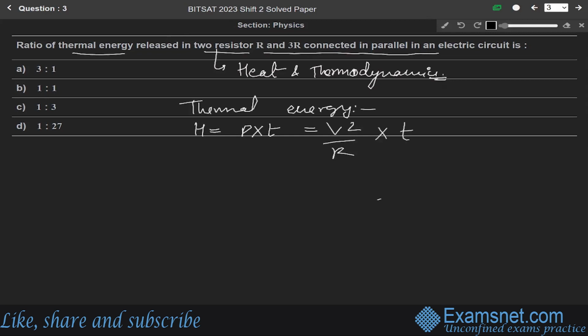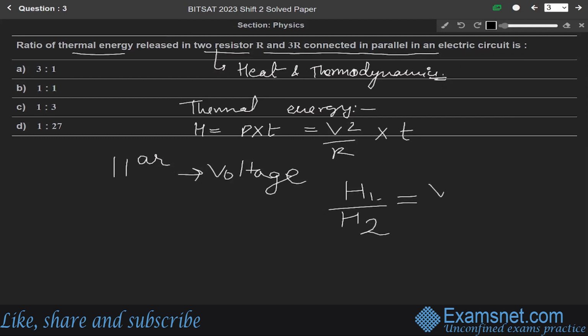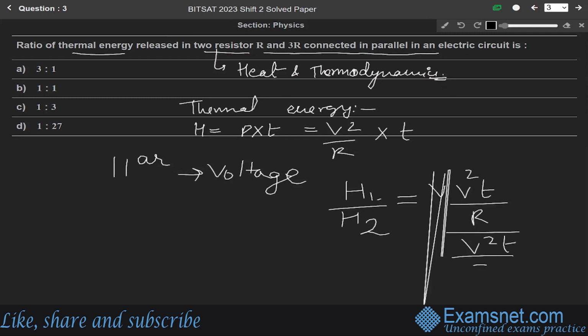So since they are connected in parallel, we know that in parallel combination, voltage is the same. So this H1 over H2, for the two resistors, we have to find. So H1 over H2 will be equal to V square T over R, and for H2 it will be V square into T over 3R.